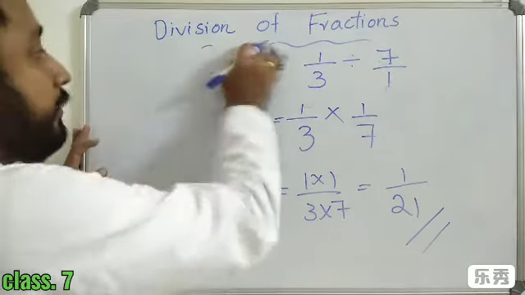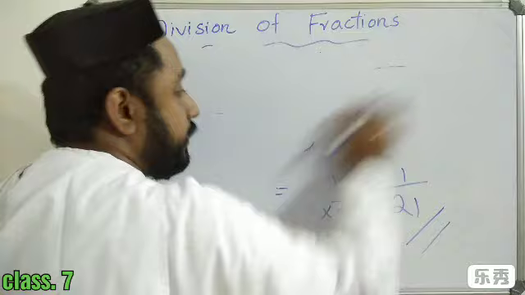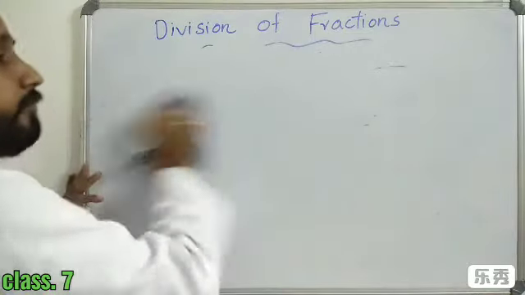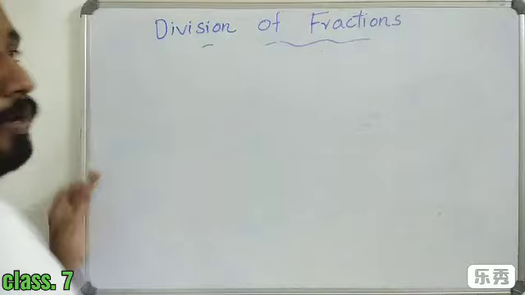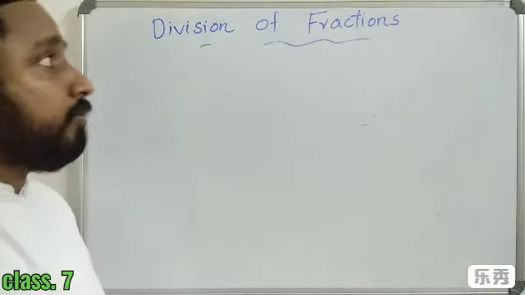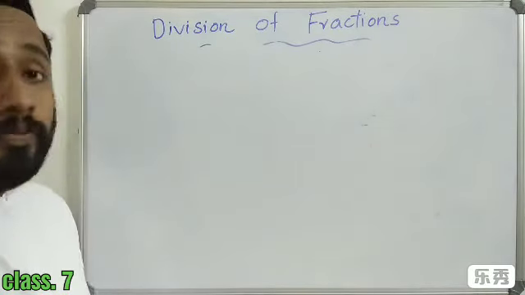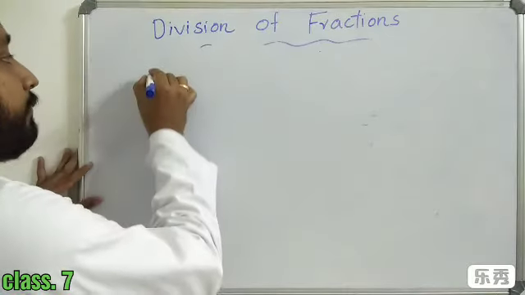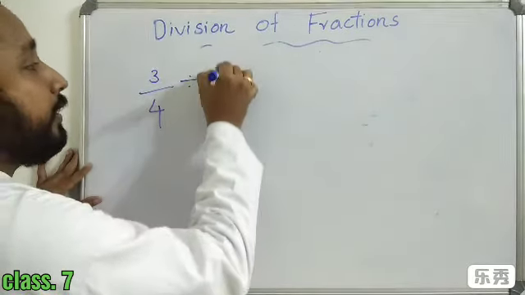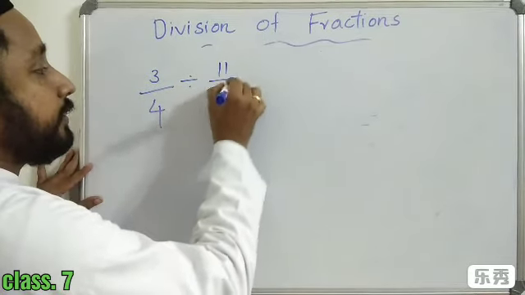So the rule is that we change this division into multiplication, and for the next fraction we use the reciprocal. Then we can easily divide two fractions, or a fraction by a whole number, or a whole number by a fraction. One more example, 3 by 4 divided by 11 by 13.